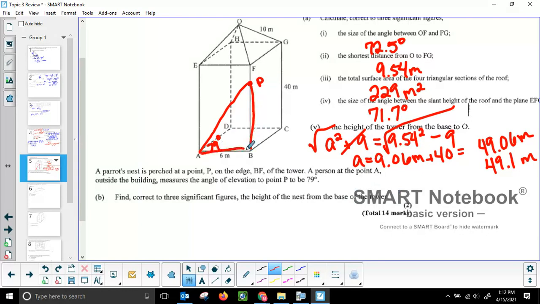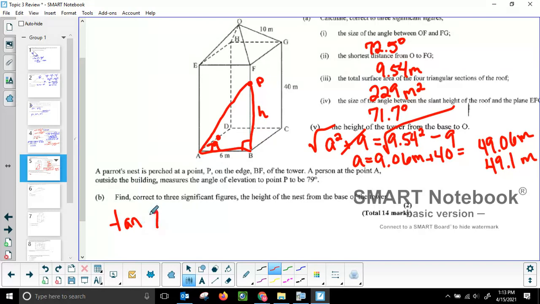Okay, so we're going to have this triangle here. That's perfectly fine. We're trying to find BP, which I'll just call the height. All right, so of course this is a right triangle, right? So we know that this is 6. We're looking for this. This is the opposite. This is the adjacent. So we're going to be using tangent, right?